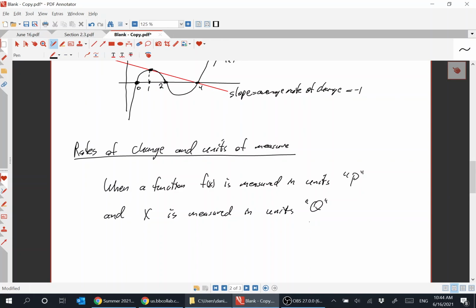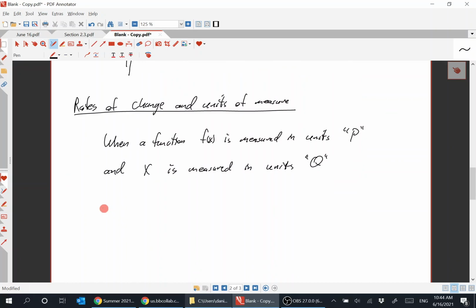So, f of x is p, I don't know, p being miles, and x is hours. So the function f is in miles, distance traveled, x is in hours, time traveled, or something like that.